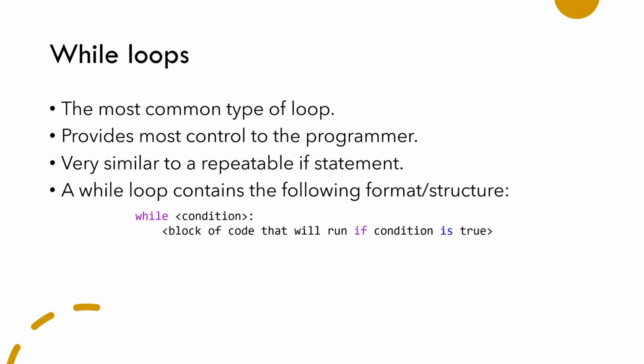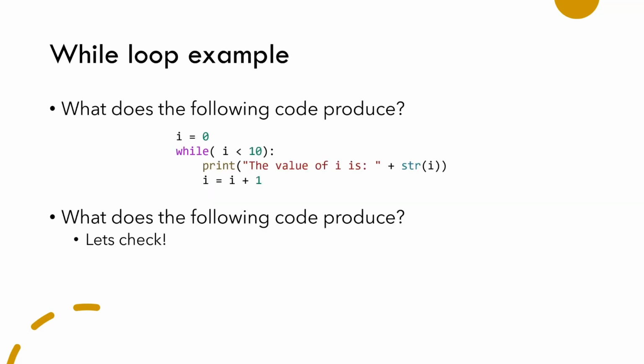So let's look at a quick example of a while loop. This is what a while loop would look like if you're writing some code. We have a variable named i that we set to 0. And then the while loop begins. We have a condition that says that as long as i is less than 10, do something.